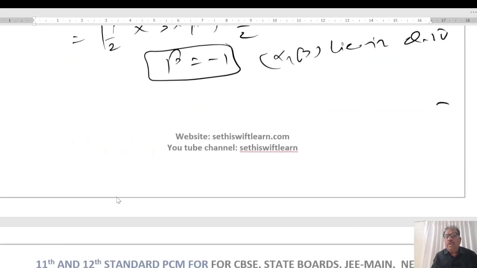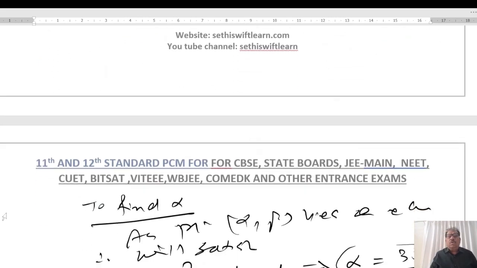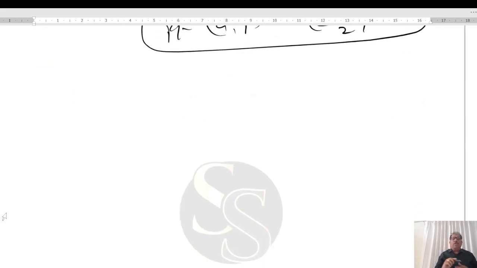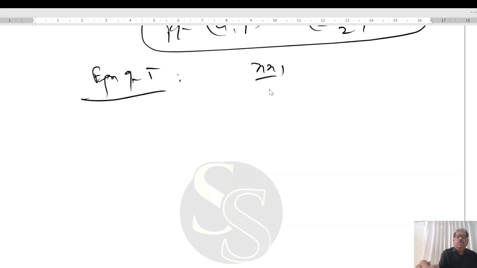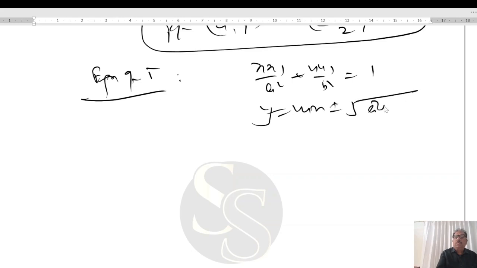But now we have to find the coordinates of P. Now, the equation of tangent. There are three types of tangent equation: x x1 over a square plus y y1 over b square equal to 1; y equal to mx plus minus under root a square m square plus b square; and x upon a cos theta plus y upon b sin theta equal to 1.